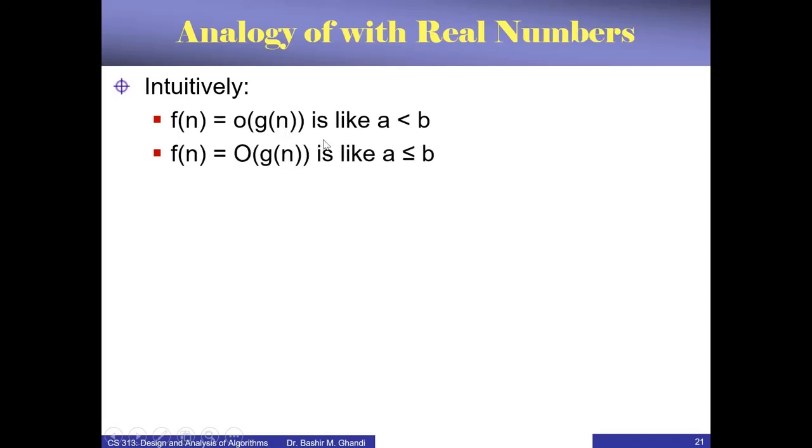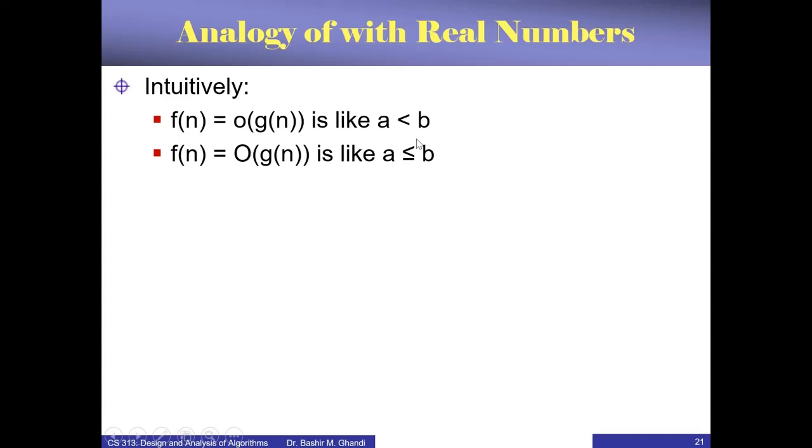Big O is best thought of as a is less than or equal to b. In other words, f(n) is big O of g(n) is like saying f(n) is less than or equal to g(n).